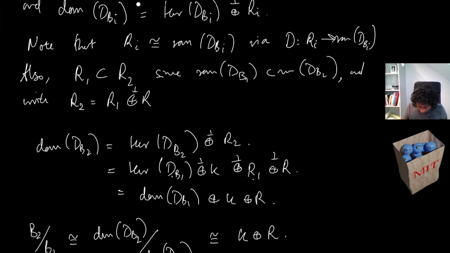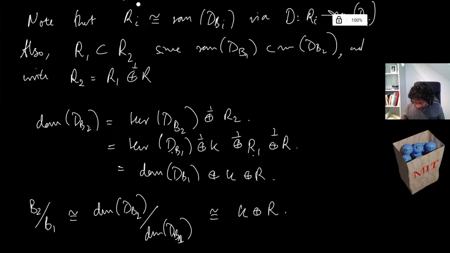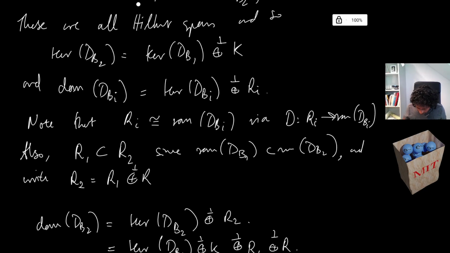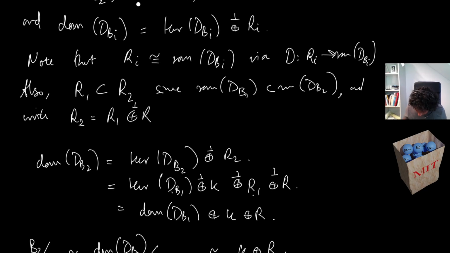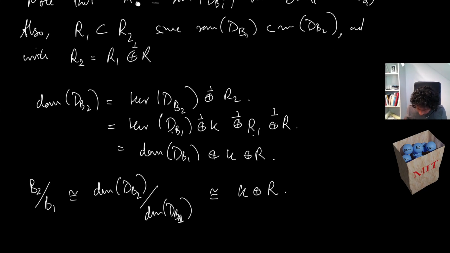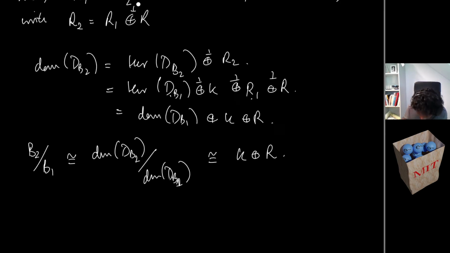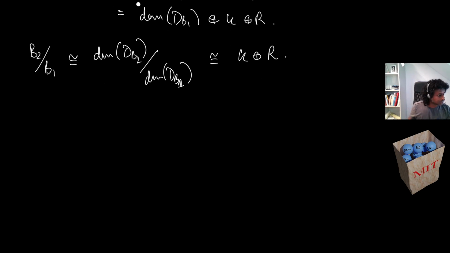So the point is that the kernels of the operators were finite dimensional, and also the co-kernels, right? So in particular, okay, I'll get to that in a second. All right, so let's just leave it for the moment.